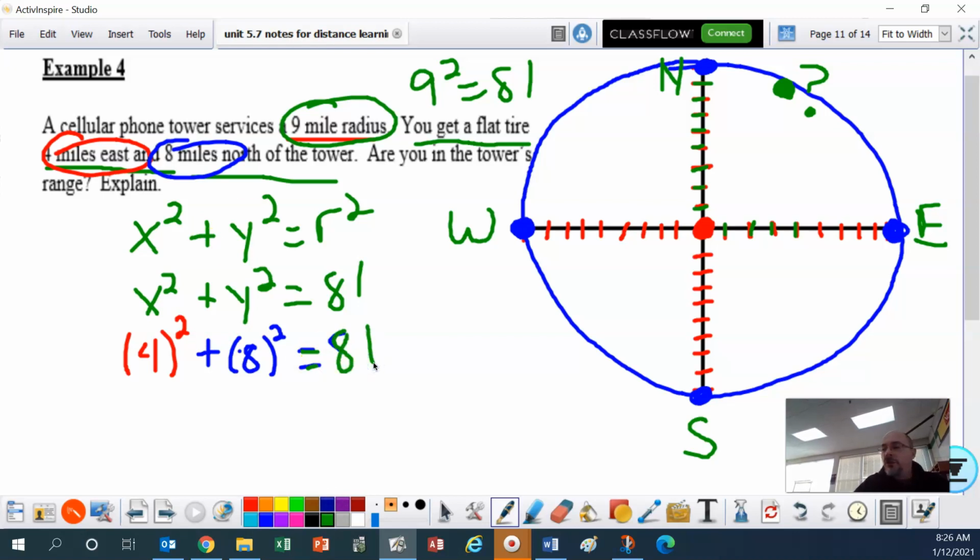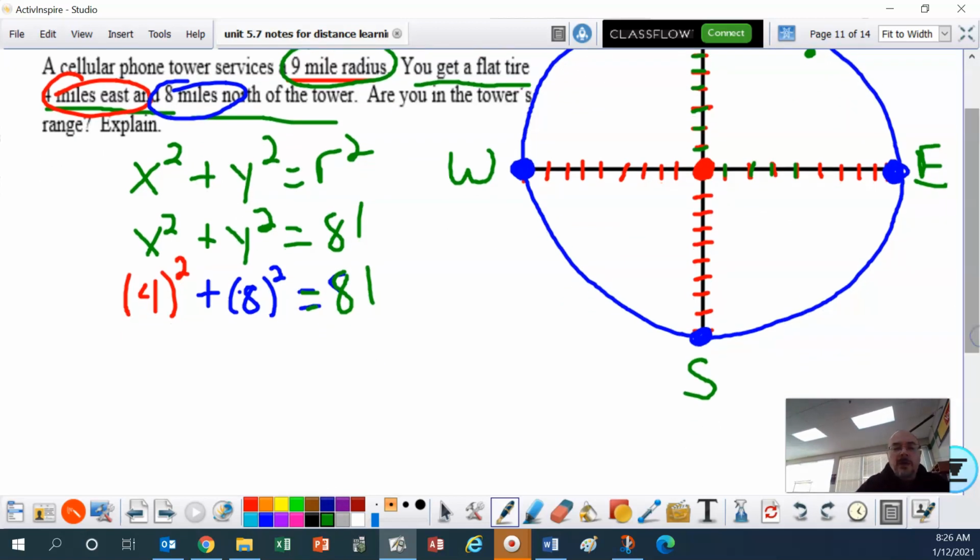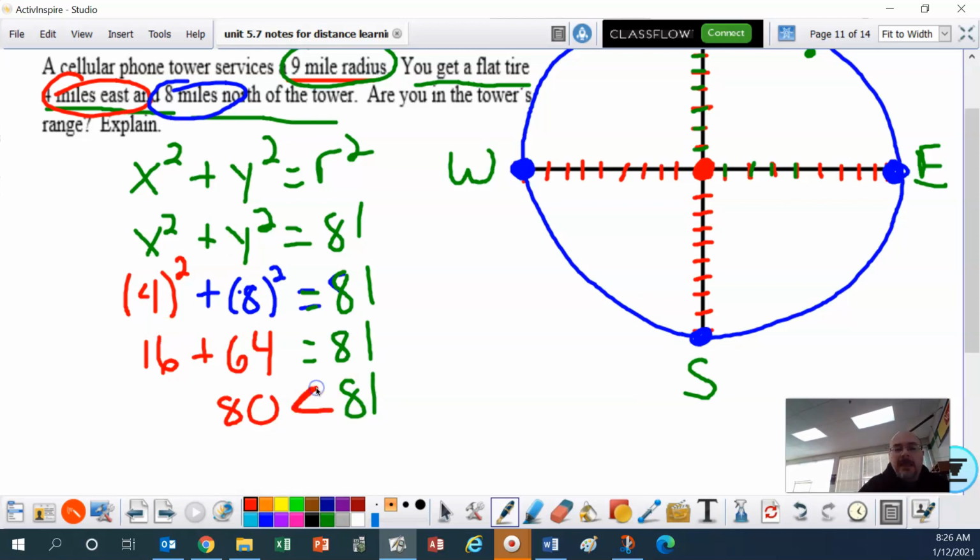This is 16 plus 64. When I add 16 and 64 together, that's 80. Now, 80 obviously is not equal to 81. 80 is less than 81.